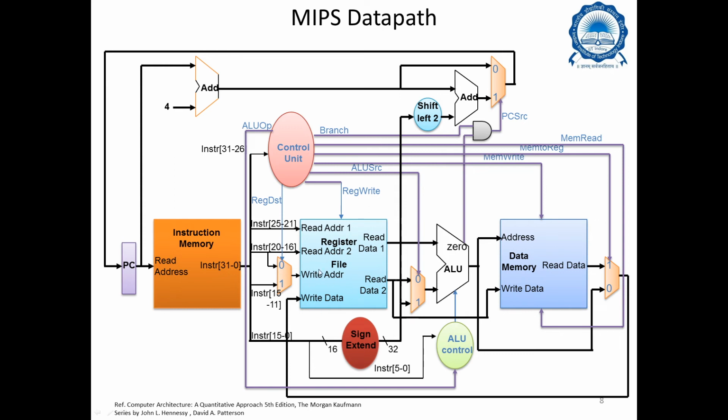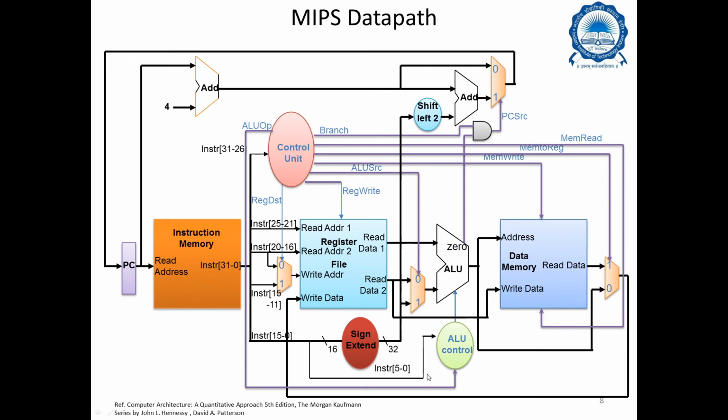Which register is specified by the destination register number, either instruction 15 down to 11 referring to RD of R type, or 20 down to 16, which is referring to RT of I type. That's how we get the specific number of the register it will be written onto. The data will be either gotten from the data memory or directly from the ALU, which is connecting back to the write data. So this is also now clear.